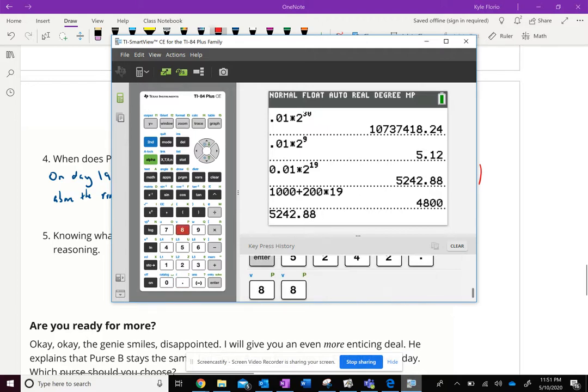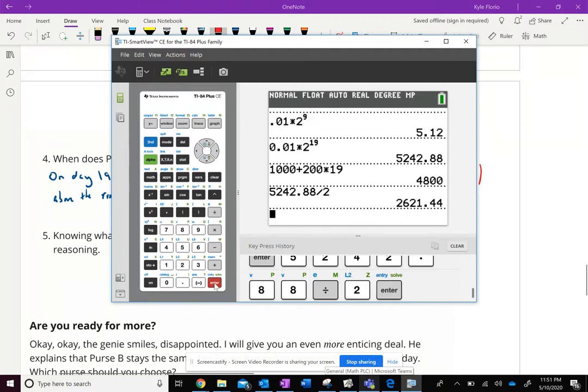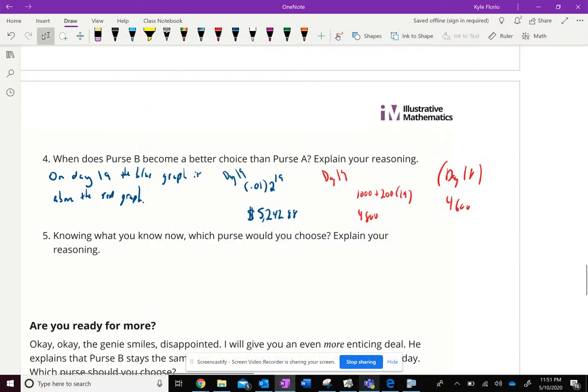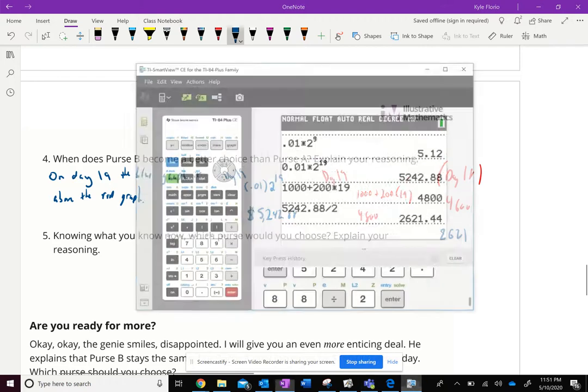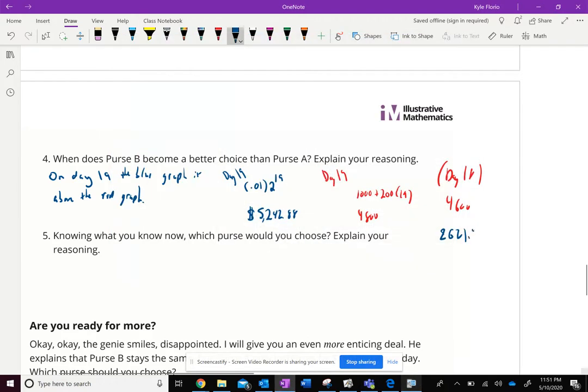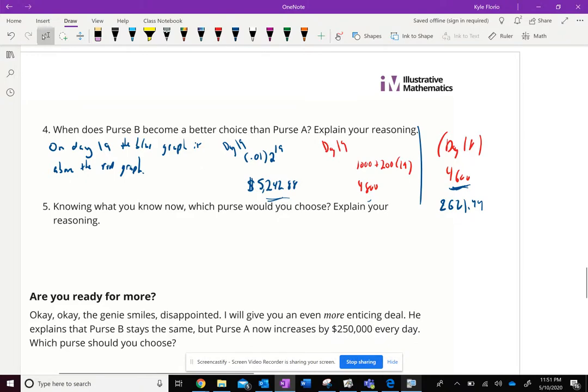If I had this much on 19 days, the day before, just divide it by 2 to go backwards. $2,621.44. So on day 18, you could see that this was the better choice, purse A. But then on day 19, $5,000 is a lot better than $4,800.